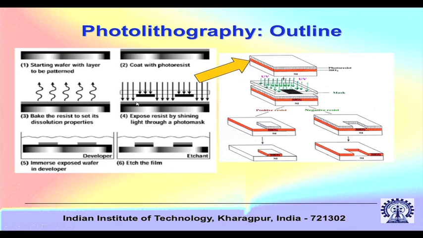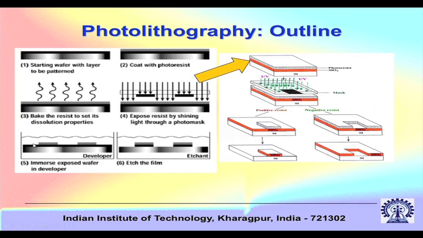Now when the light is falling on selective portions of the photoresist, either the photoresist will be more soluble in the developer when it is developed and go away, or it will be less soluble in the developer and it will not go away. So if you now develop it with a developer, here we are talking about a photoresist that has become more soluble and has gone with the developer.